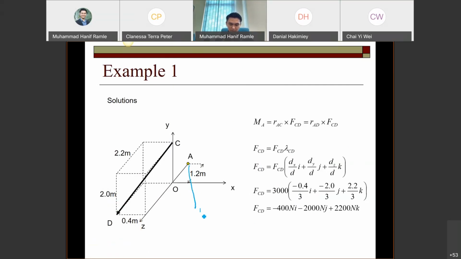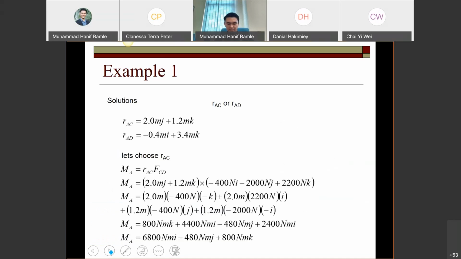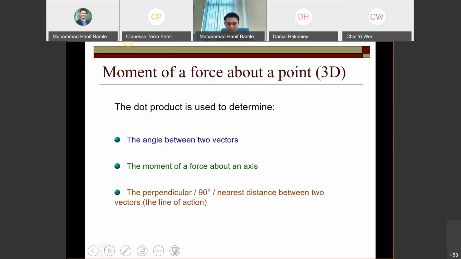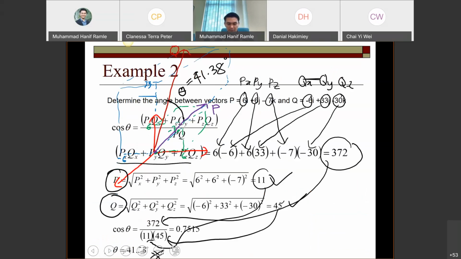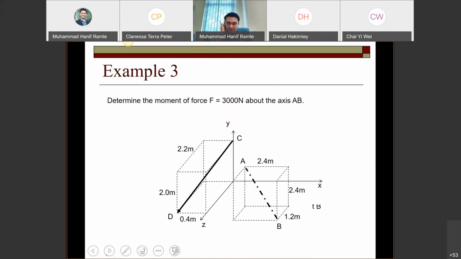It is similar in terms of F, but the difference is only for the R. Let's proceed to the example.